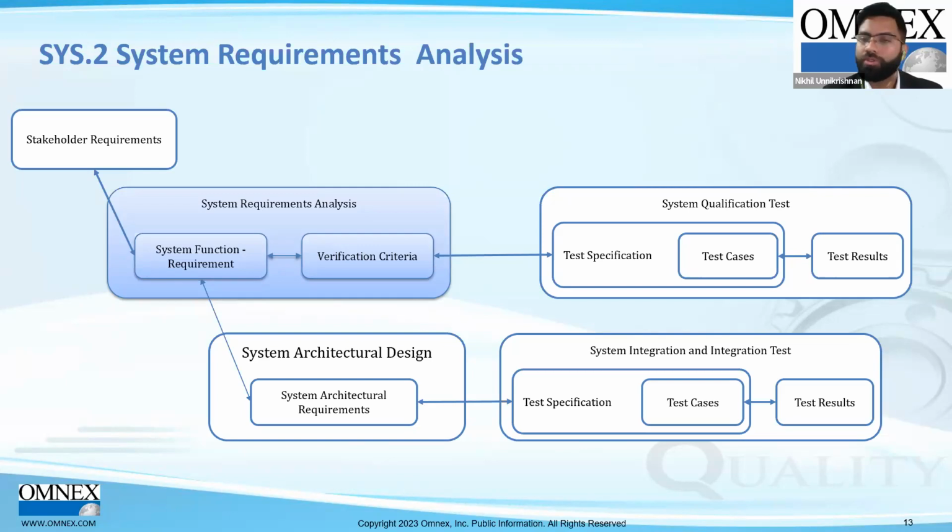So we're talking about stakeholder requirements that helps the systems engineering team come up with the system level functions and requirements. So you have system level requirements analysis process that we have here, which I will highlight with my laser pointer, which is sourcing this information from the stakeholder level input.